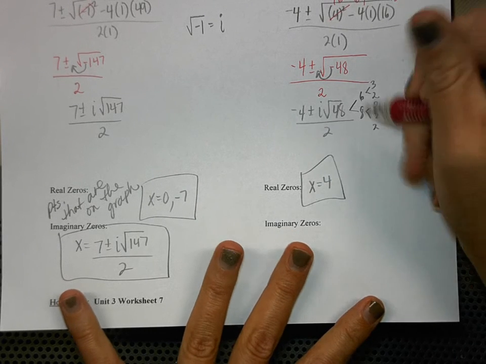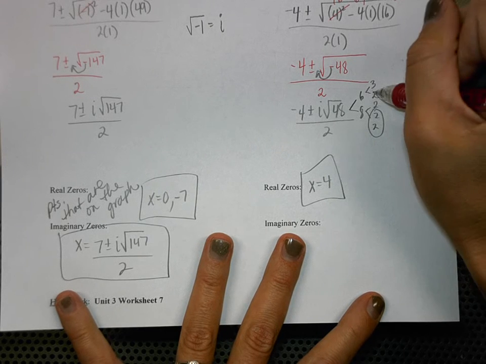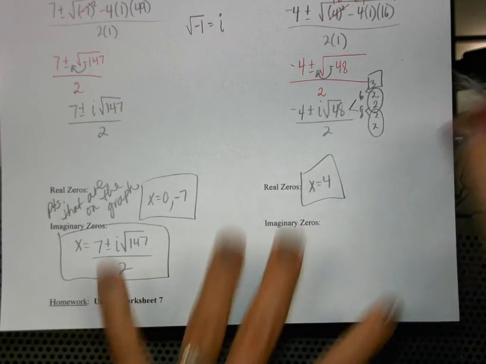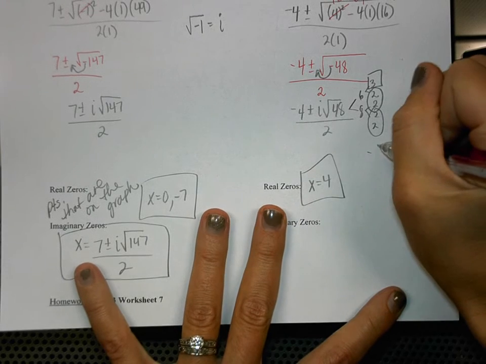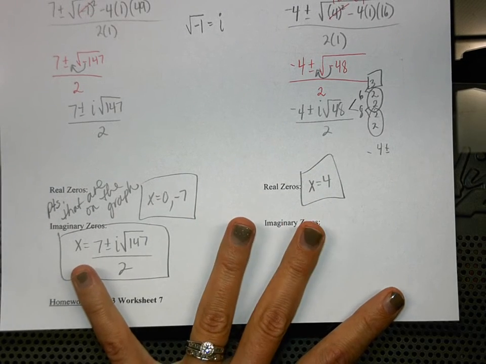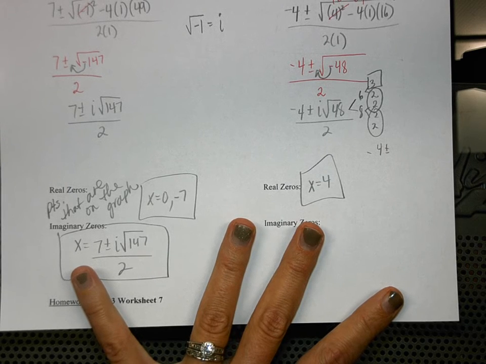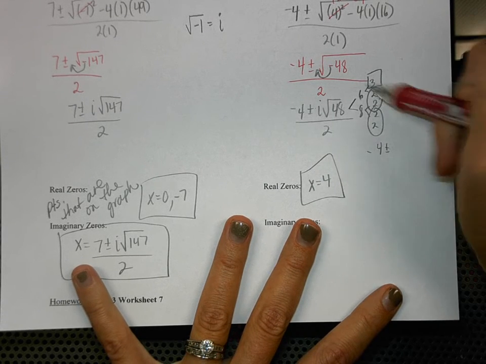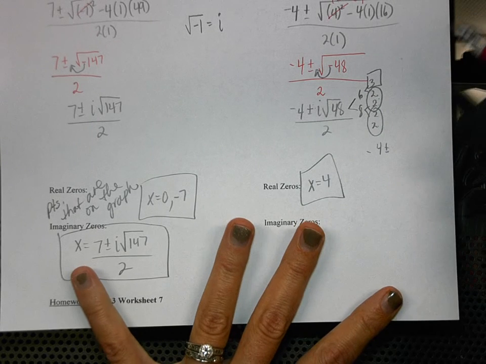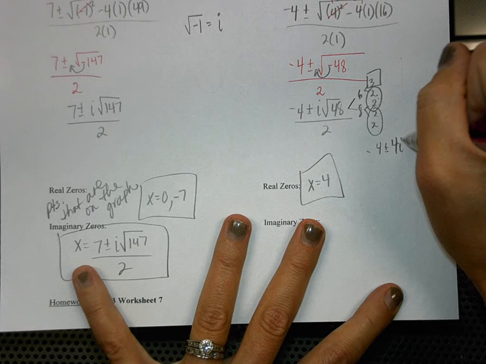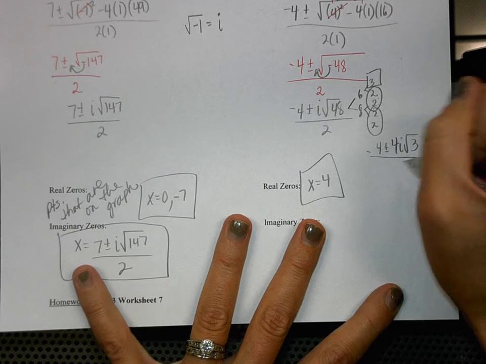So if you notice, there's a pair of 2's and another pair of 2's and a 3 left over. So when you write this one out, we get negative 4 plus or minus, and then what happens with those 2's? They go on the outside, so this group becomes a 2 and this group becomes a 2. And so that means I'd actually end up with 4i root 3 all over 2.